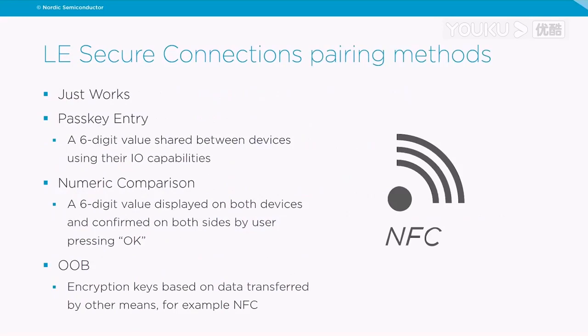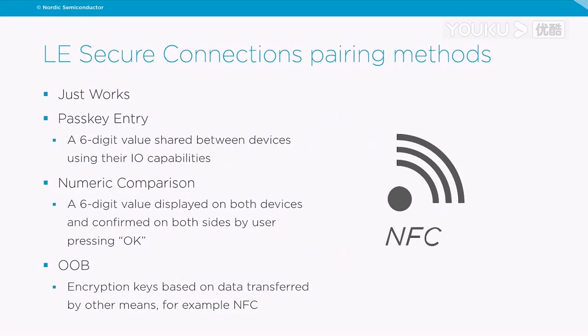So you have some different pairing methods in LE Secure Connections as well. You have Just Works, where you just connect and there's not really any authentication. You have passkey entry, where a 6-digit value is shared between the devices using their I/O capabilities. This passkey entry is different from the legacy pairing. It's much stronger.